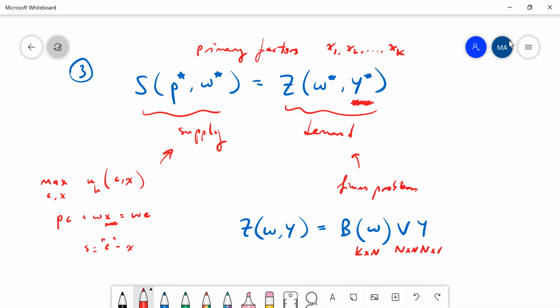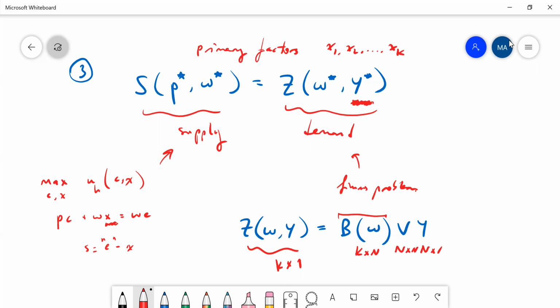Because you have K factors. So this was the optimal use of factor K for the production of good I once the firms take optimal decisions, right? In terms of cost minimization. All right. So this whole thing then is K by 1. And again, supply must also be K by 1 because you have K different factors. Okay.